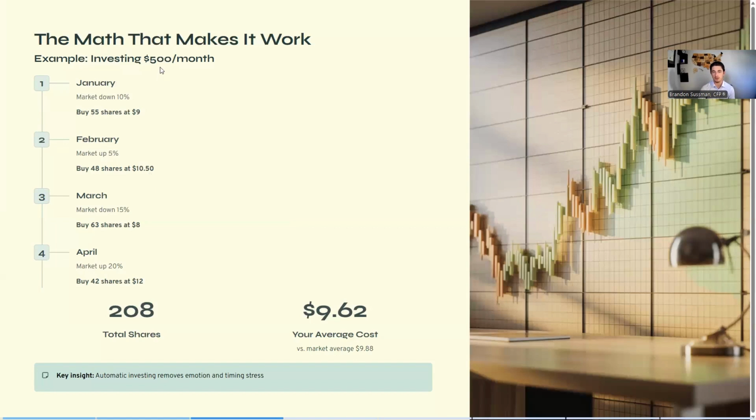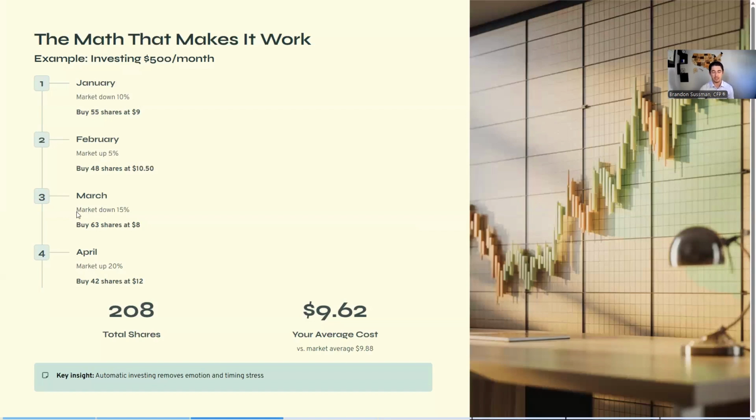And so your $500, instead of buying 55 shares, can only buy you 48. So what you can see here is that you're buying more shares when the price is down and fewer shares when the price is up. And I think that goes with the old adage of buy low and sell high. We're buying more when it's low and less when the price is high.